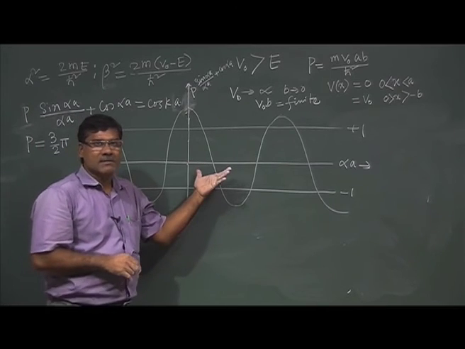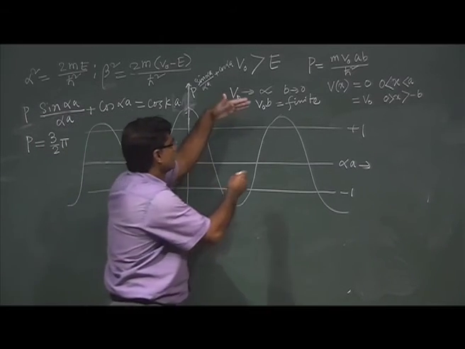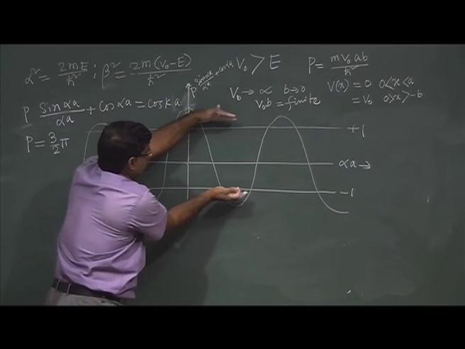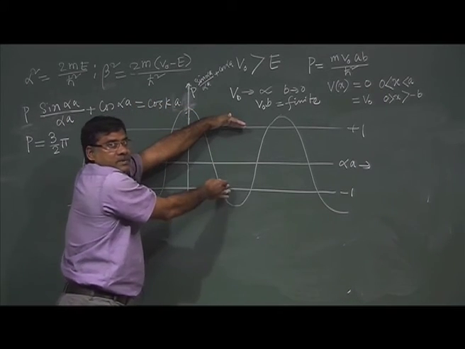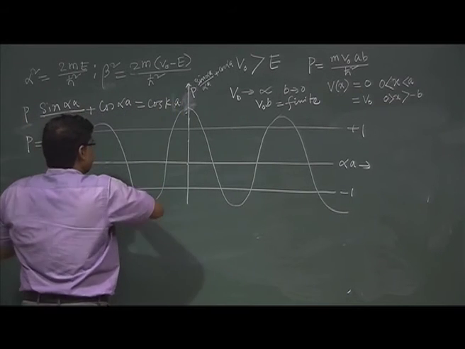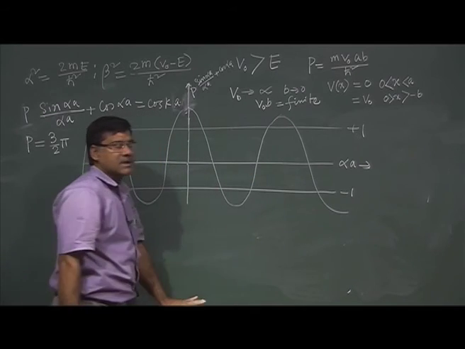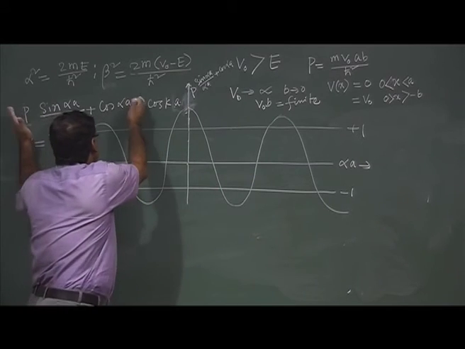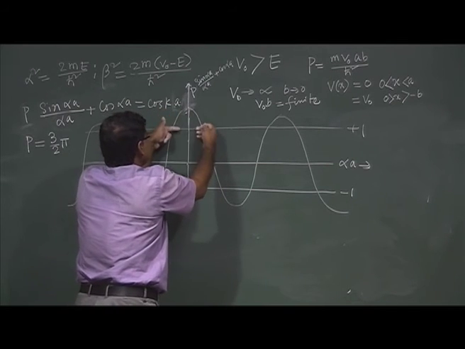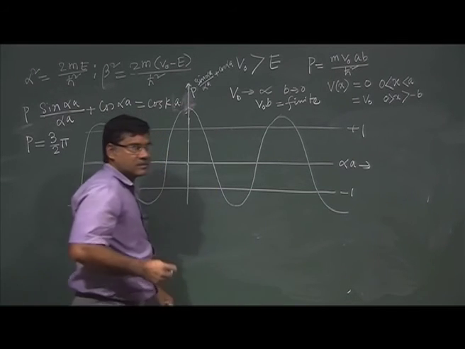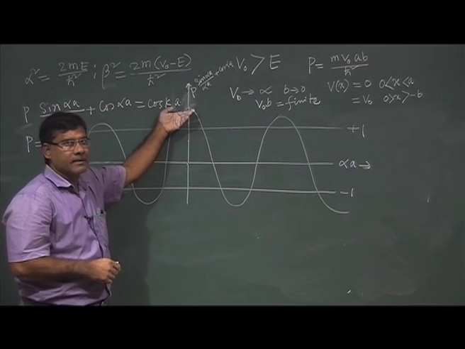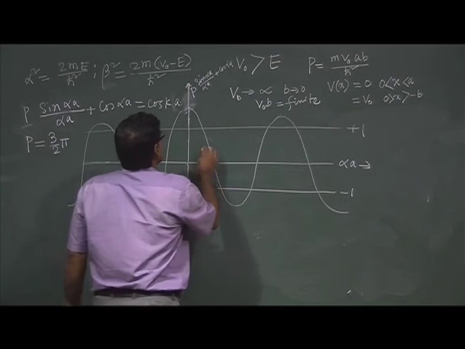Now, what will be the solution? Whatever value it will be, it has to be in between these two, right, and this function is varying like this. So the solution has to be within this. Outside of this cannot be a solution, it cannot be accepted, it is forbidden, right. So what will happen?